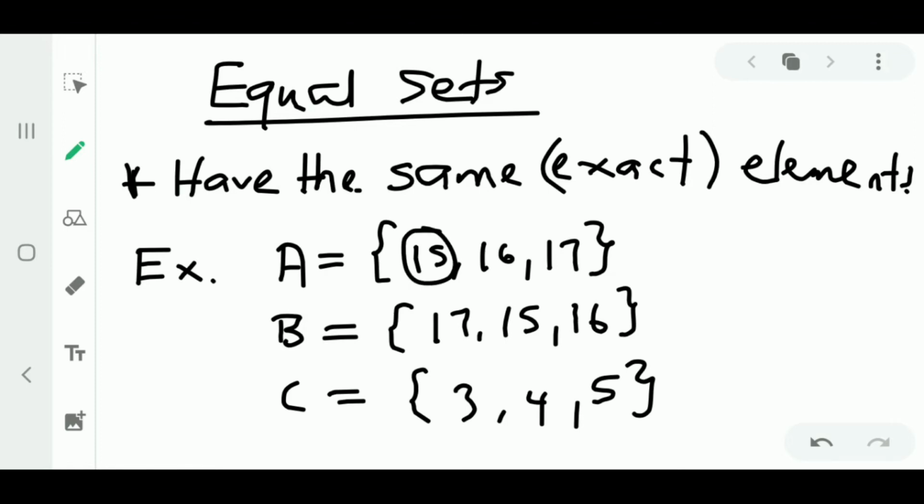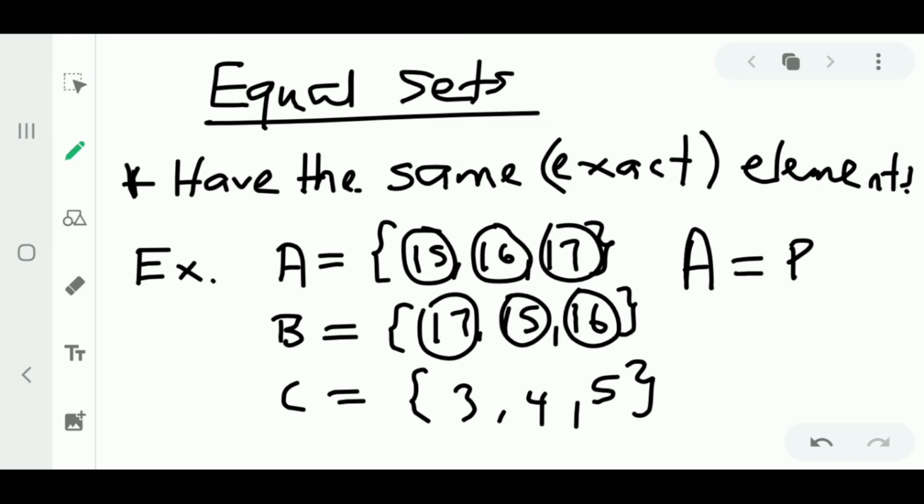It is safe to say that A and B are equal. A is not equal to C because C has different elements. B is also not equal to C because they have different elements. So A is equal to B, A is not equal to C, and B is not equal to C.